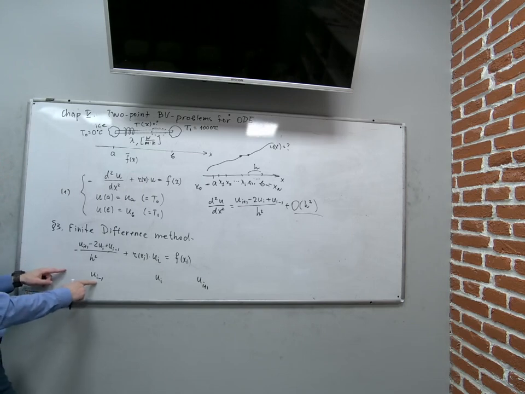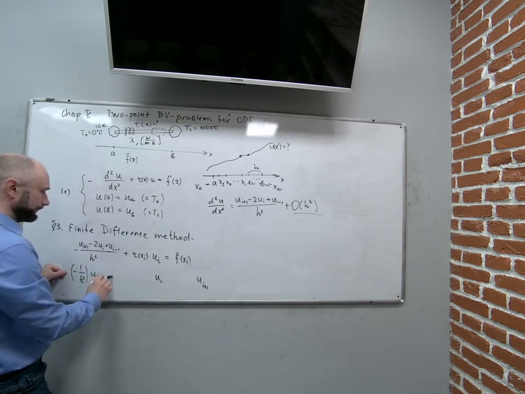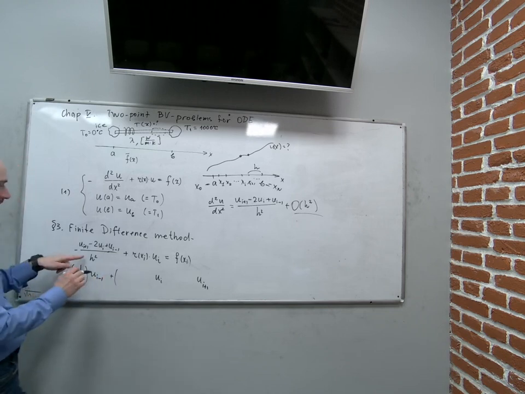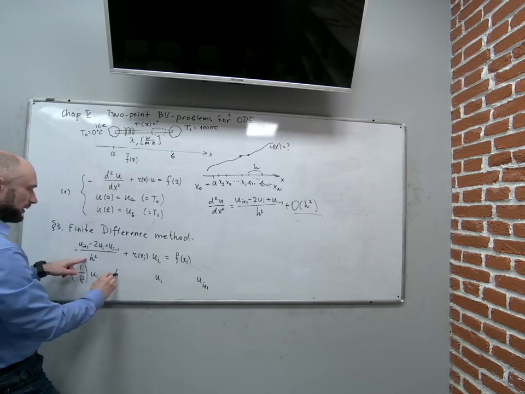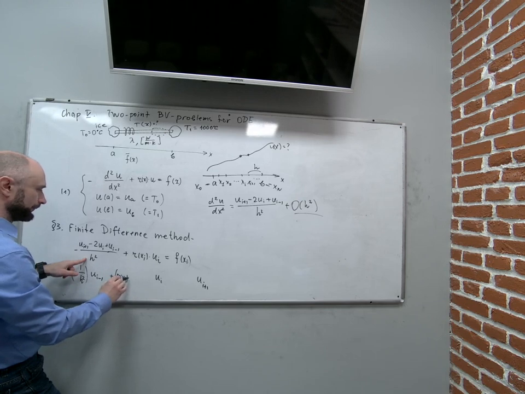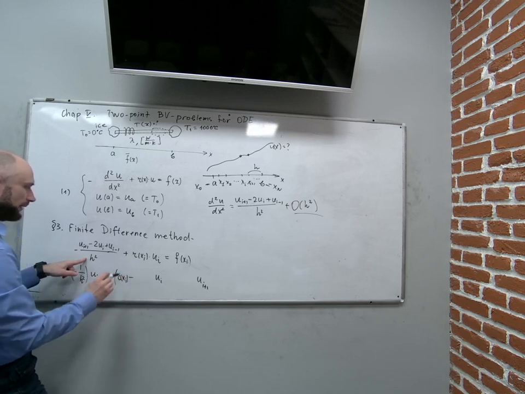So before the ui minus 1, we have a coefficient 1 divided by h squared, right? Plus what? Plus r of xi. Oh yes, that's right.